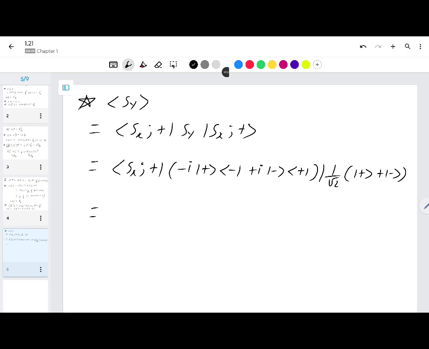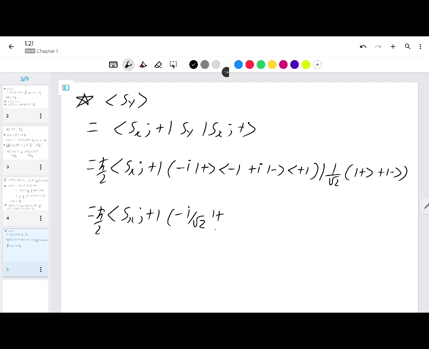It swaps minus to plus and plus to minus state, but with a phase. There will be an i and minus i. Of course there is an h bar upon 2. So yeah, we will have this plus will become minus, this minus, there will be minus i by root 2 positive, plus i by root 2 negative.